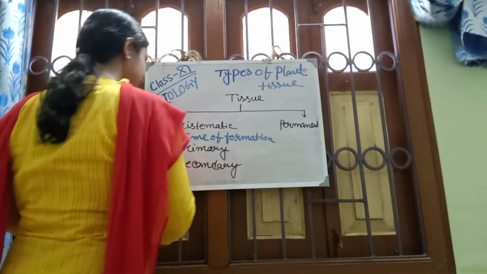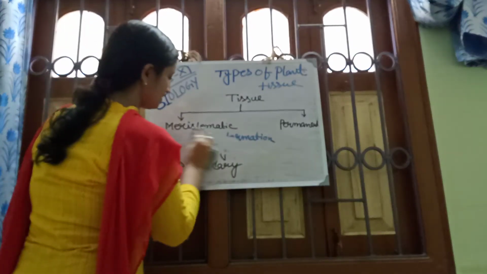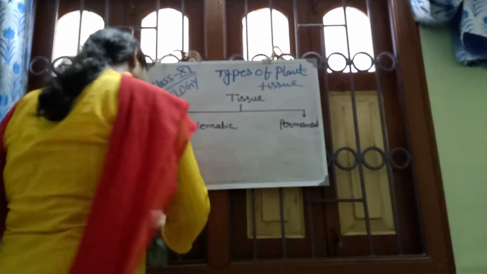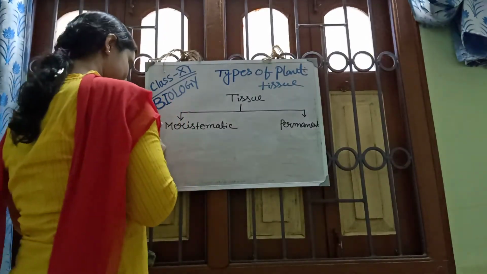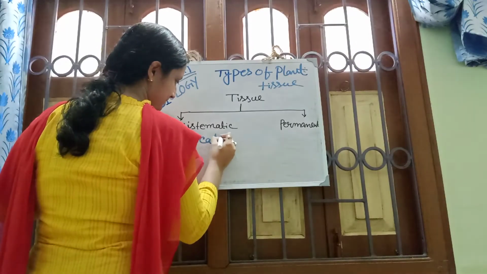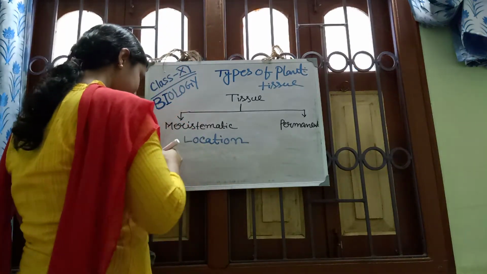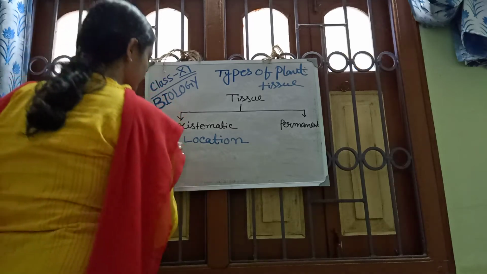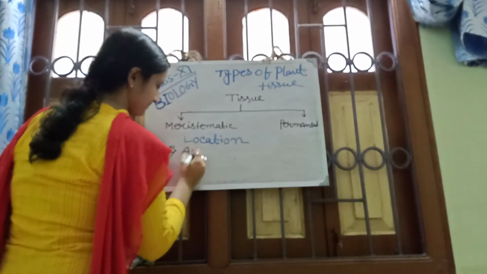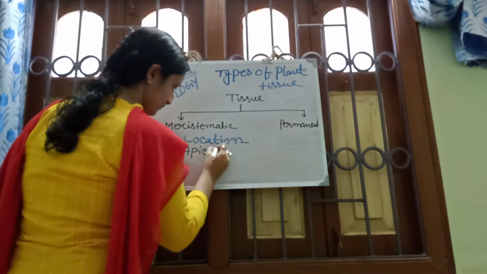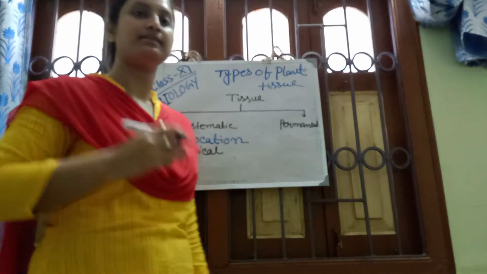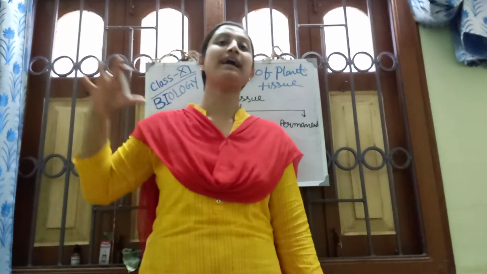Again, another category is on the basis of location. First, apical meristematic tissue is present in the tip of the root and shoot.